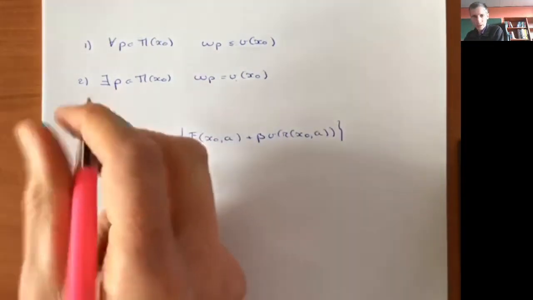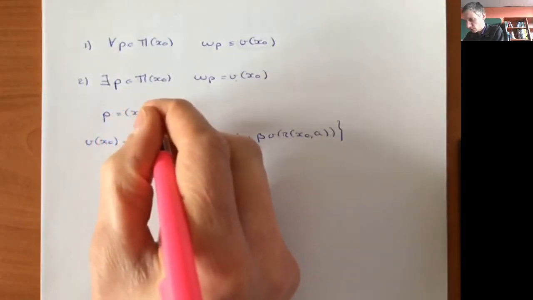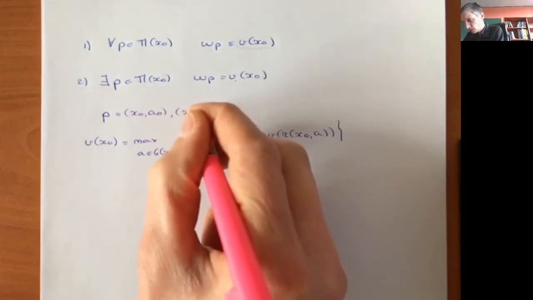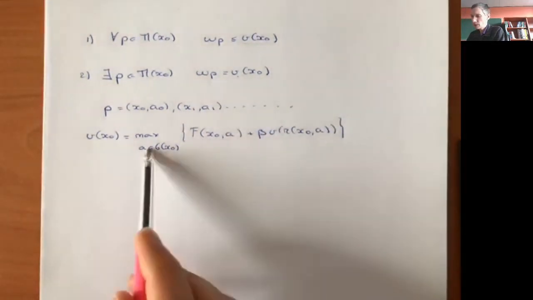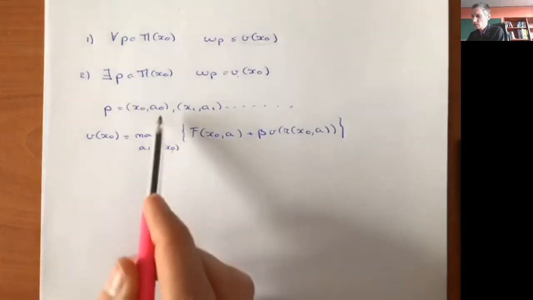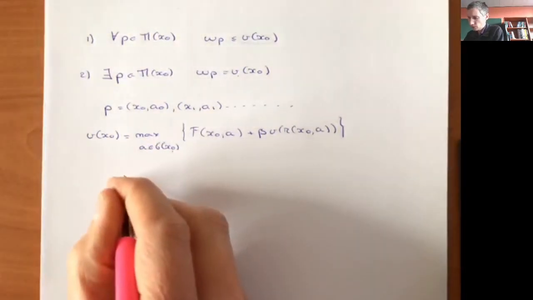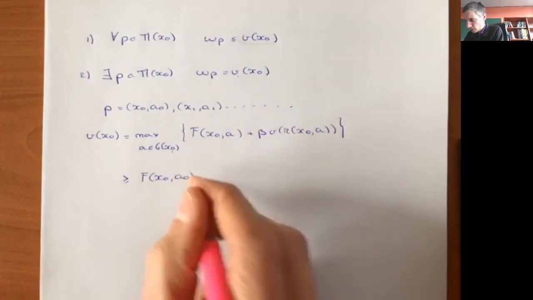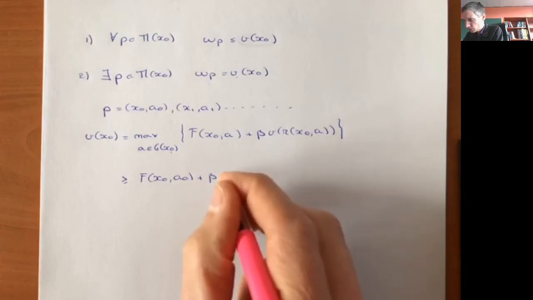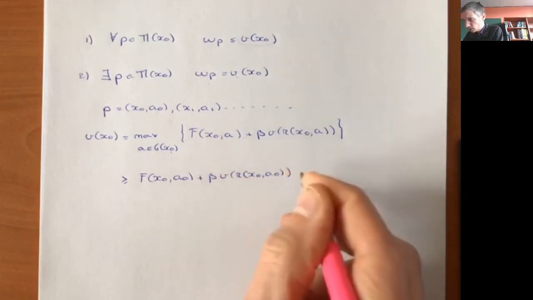And take any path, right? So for any path, let's say x0, a0, x1, a1, and so on. Here I take the maximum over all a in g of x0, and a0 is one of them, because it's a path. So we know that this is greater or equal to f of x0, a0 plus beta v r x0, a0.